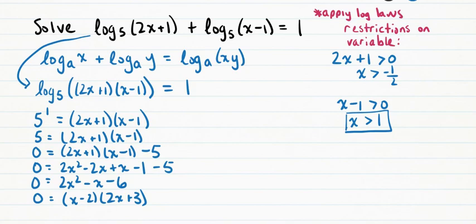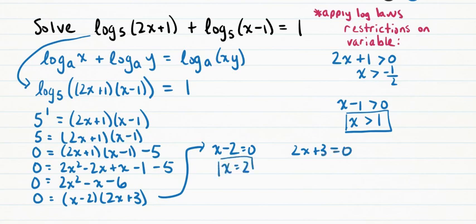So in order to solve this quadratic equation in its factored form now, we set each of the factors equal to 0. So we have x minus 2 equals 0, or 2x plus 3 is equal to 0. And that gives me x equals 2, or x is equal to negative 3 over 2.